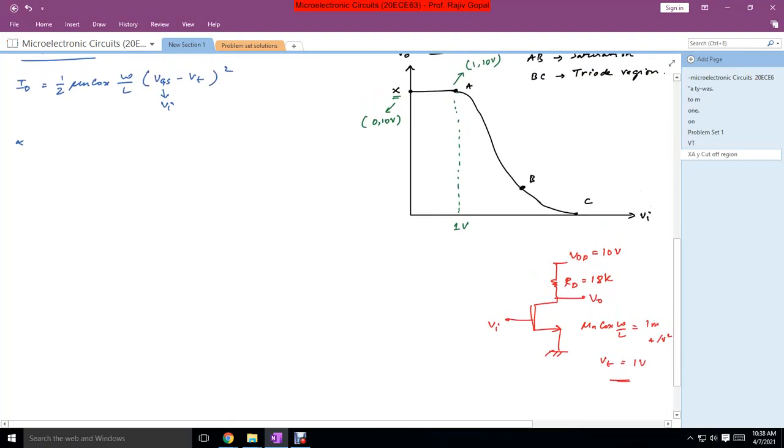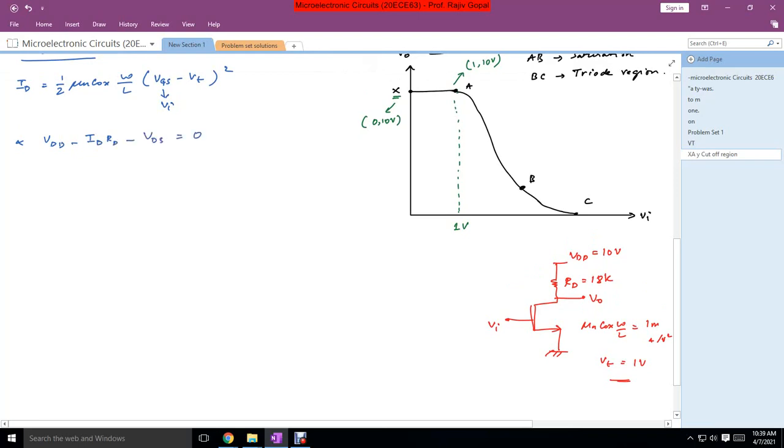Right. So if I apply KVL like this, see the derivations which we have done earlier. Same derivations here. When I apply KVL at the output side, I'll get VDD minus IDRD minus VDS equal to 0.